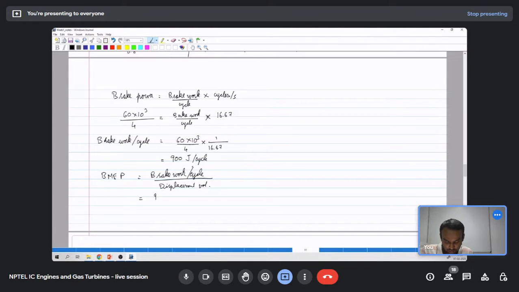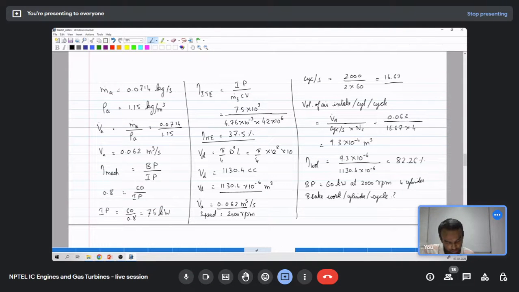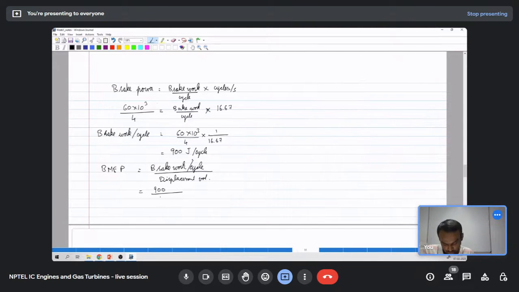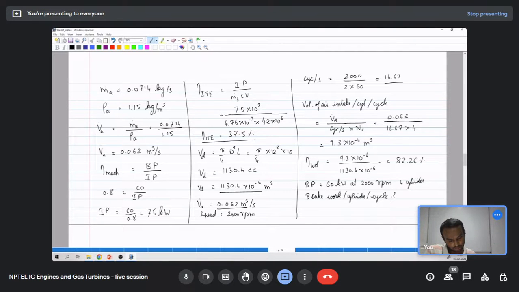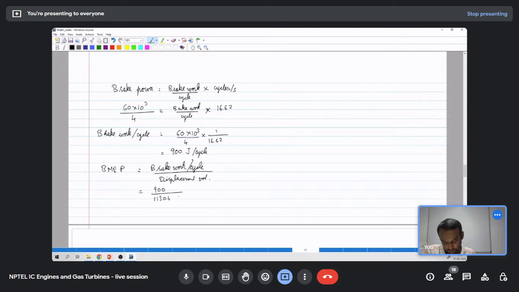So this is 900 joules divided by the displacement volume of 1130 cc. This is for a single cylinder itself, and this cc is to be converted to meter cube, since we should have everything in SI units.